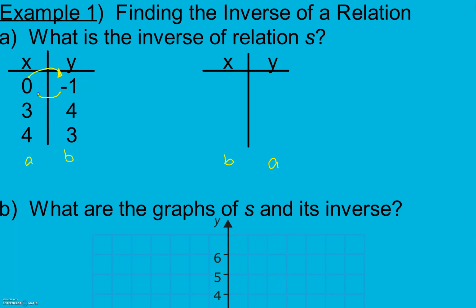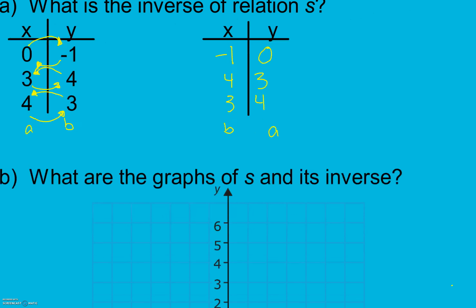X goes to y, y goes to x. Instead of having (0, -1), I have (-1, 0). Instead of having (3, 4), I have (4, 3). Instead of having (4, 3), I have (3, 4).